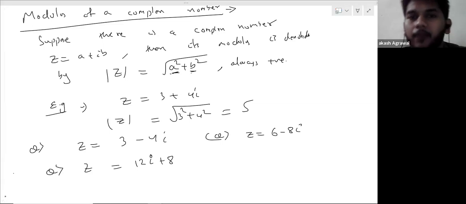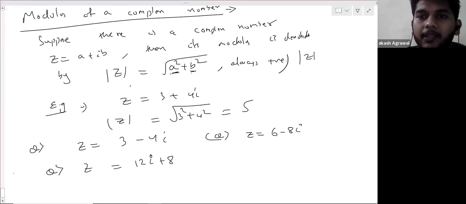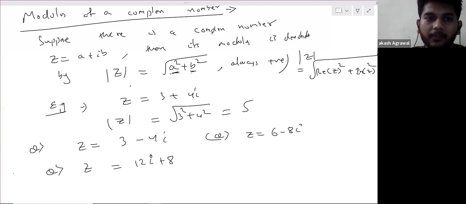Yes, but actually, when we are taking modulus, we do not even consider i. What this is actually, mod z is equal to the square root of real part of z square plus imaginary part of z square. i is not even considered. You will understand why in the next class or in today's class, hopefully. So please solve these 3 questions.